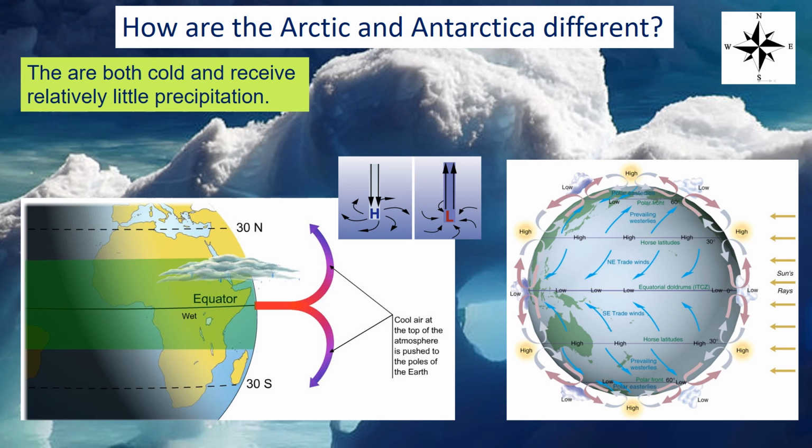Both these places, the Arctic and Antarctica, receive very little rainfall. If you want to think back to this global atmospheric circulation model that we looked at in lesson 2 of the Living World, the reason that they receive very little rainfall is because there's very high pressure at the poles. So cold air is sinking.